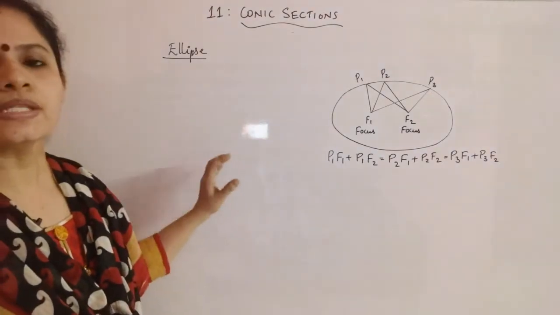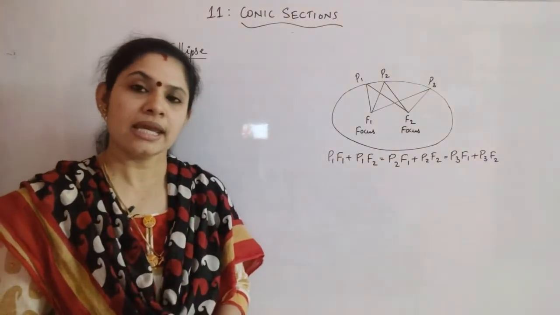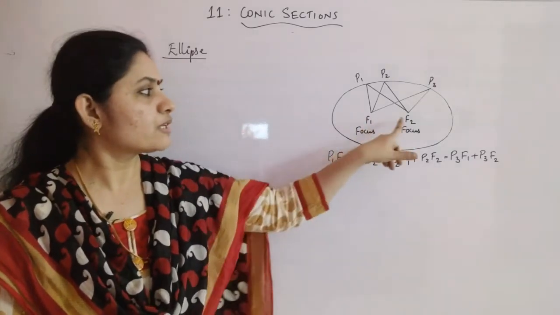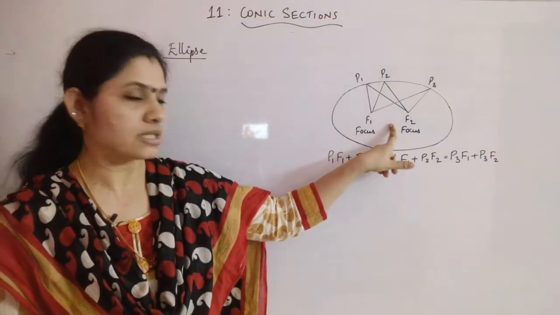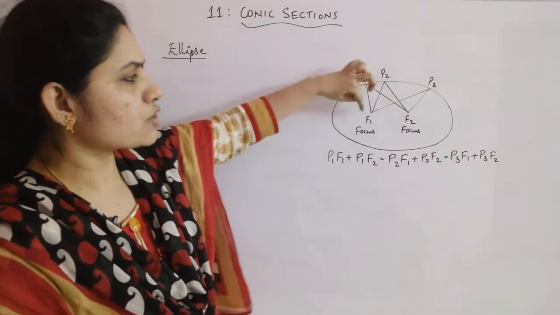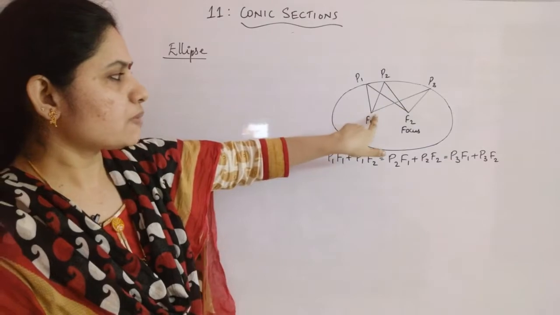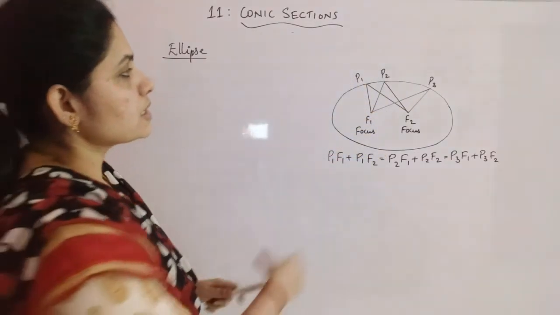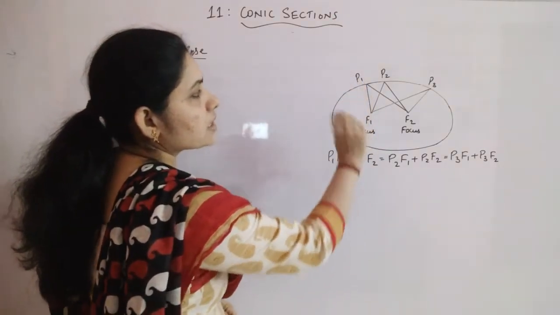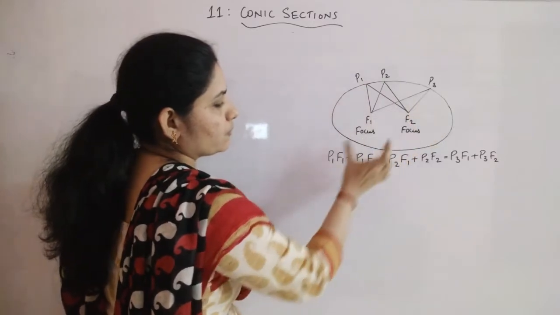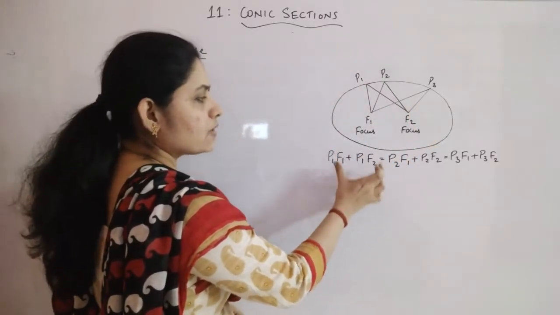An ellipse is a set of all those points in the plane, the sum of whose distances from two fixed points in the plane is a constant. If I consider F1 and F2 as two fixed points, and take a point P1, then P1F1 plus P1F2 will be a constant.